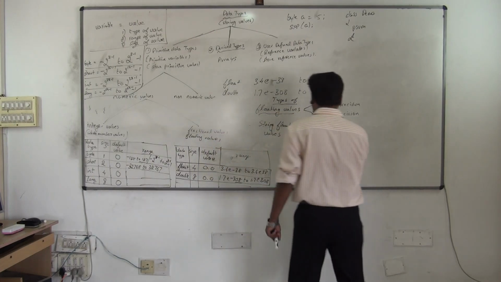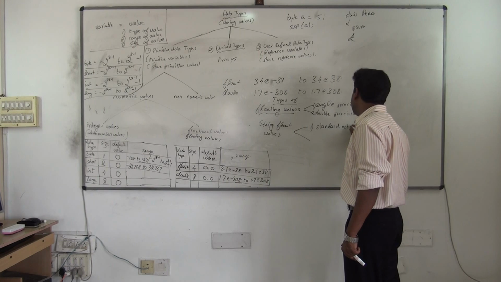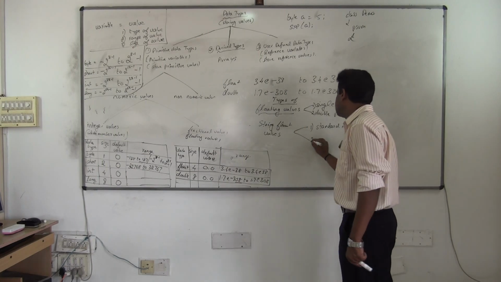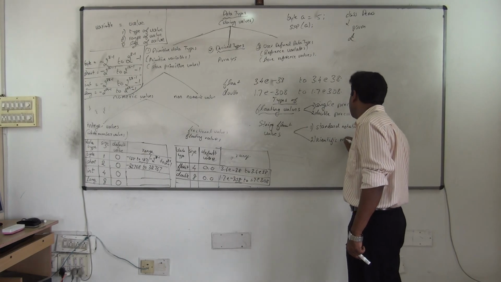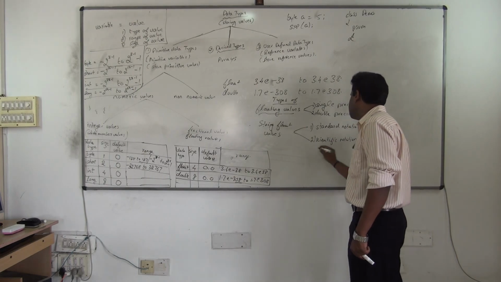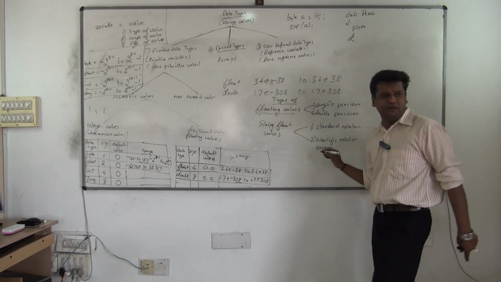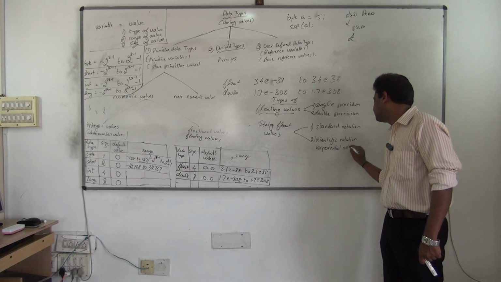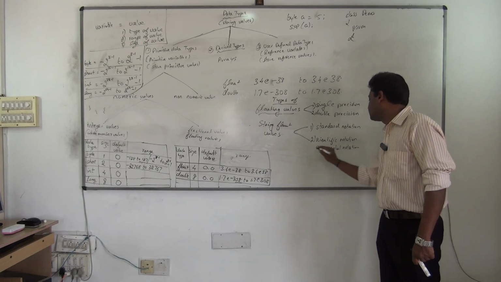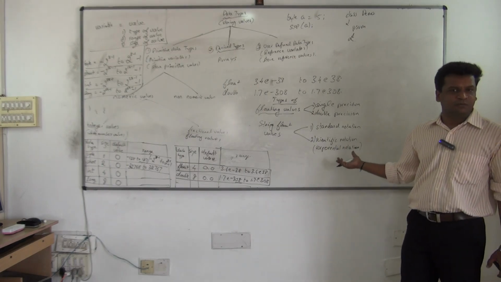Storing floating values can be done in standard notation, and the other one is called scientific notation. Scientific notation is also known as exponential notation. Both mean the same.